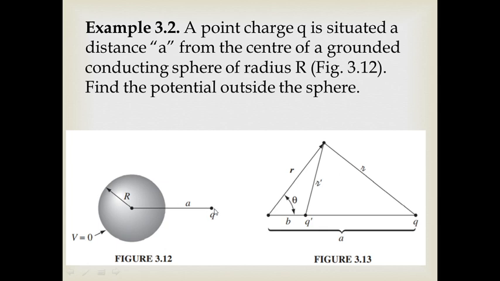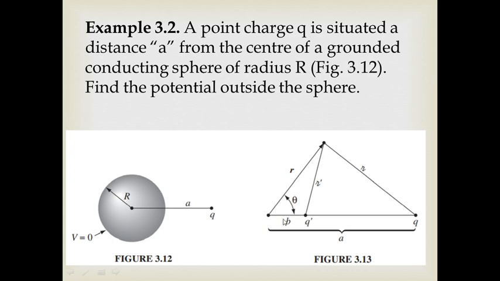And the mirror image of this charge, q dash, has to be placed inside this region. It cannot be placed outside, so it should be kept inside the sphere only. So q dash is kept from the center of the sphere at a distance b.